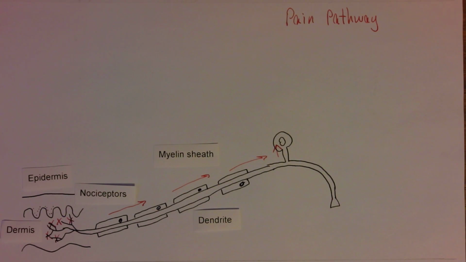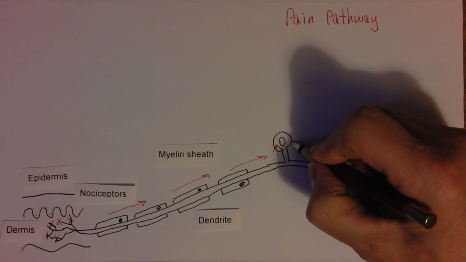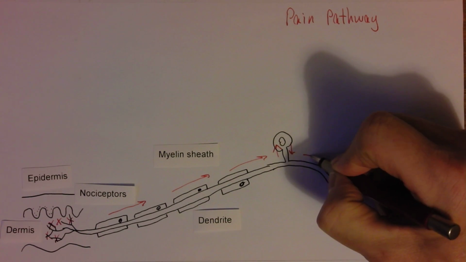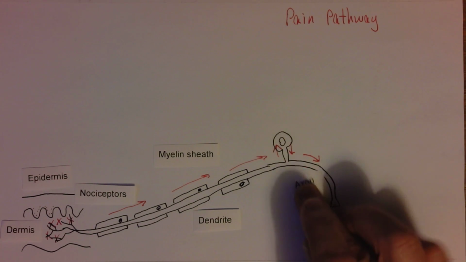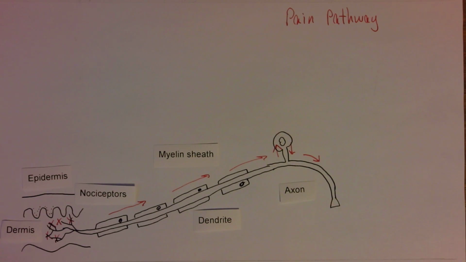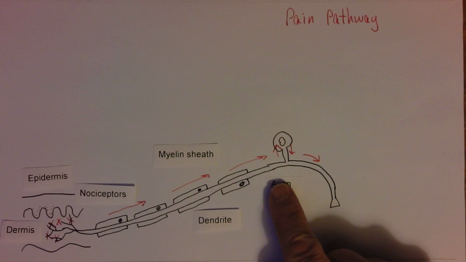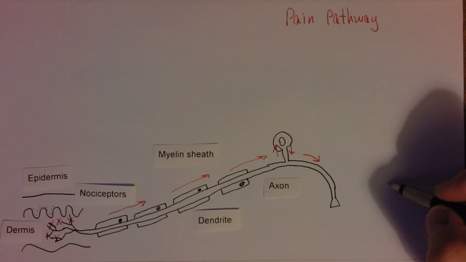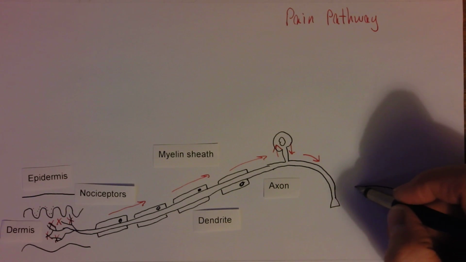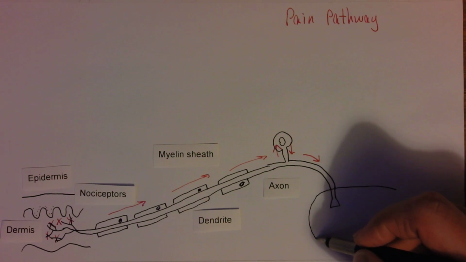Then from the cell body, the impulse goes down the axon. So this is the axon of the sensory neuron, and an axon is any nerve fibre carrying an impulse away from the cell body. So it's nociceptor, dendrite, cell body onto the axon. And the axon goes into the spinal cord. So here we have a cross section of the spinal cord.